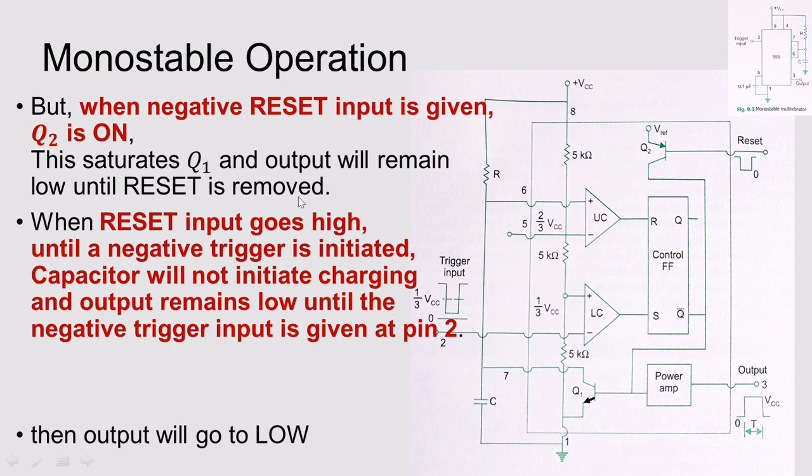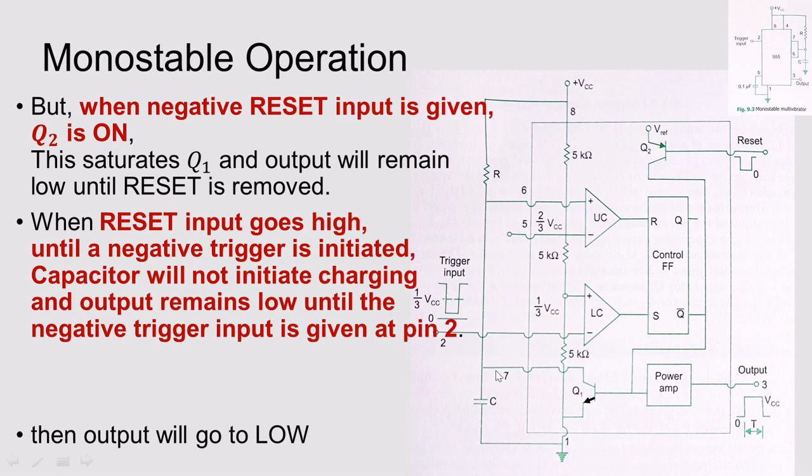So when Q1 becomes on, the external timing capacitor is immediately discharged. Understand? When I give the reset pulse, Q2 is on, so the Q bar output is connected to the transistor and immediately it will discharge.